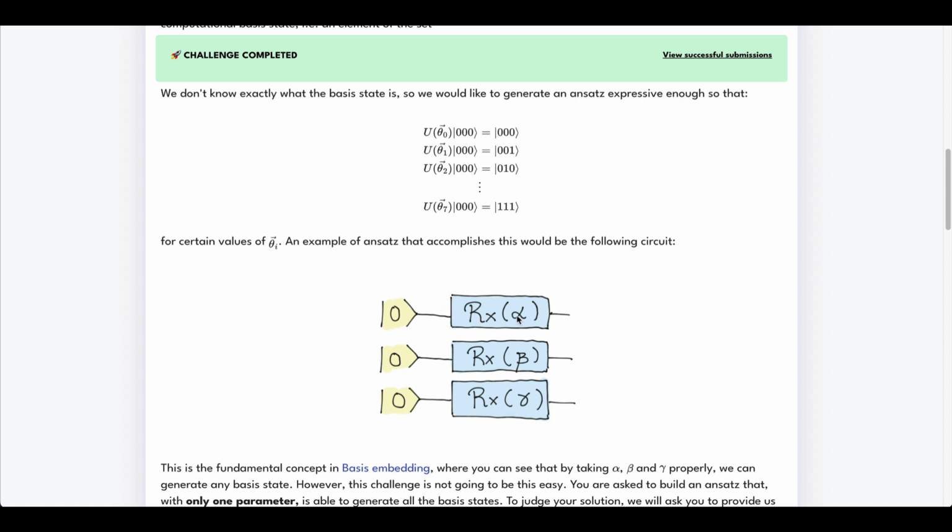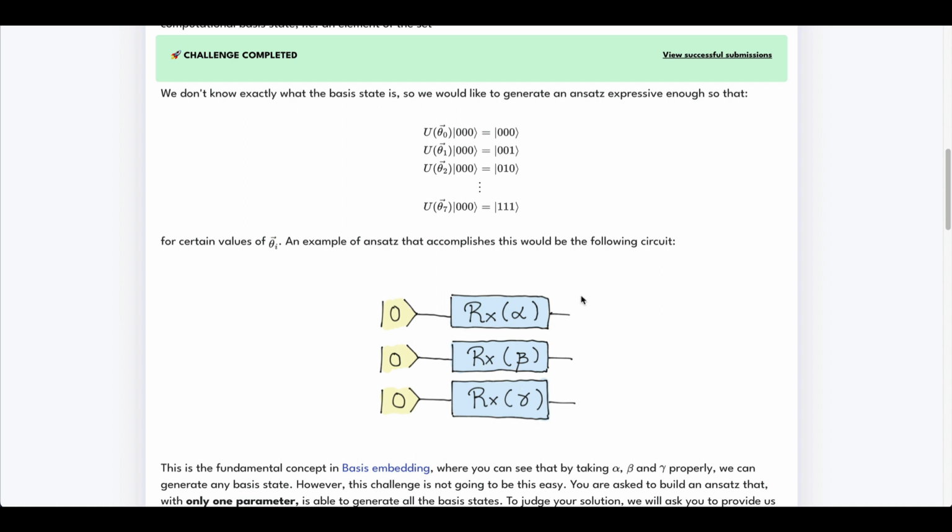If we then change alpha to pi, that will give us the state 1, 0, 0. And if we change now beta to pi and leave alpha at 0 and gamma at 0, then we get 0, 1, 0. And then we can just change these angles to different values of 0 and pi to generate all possible basis states, right?